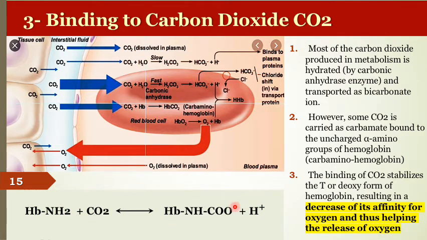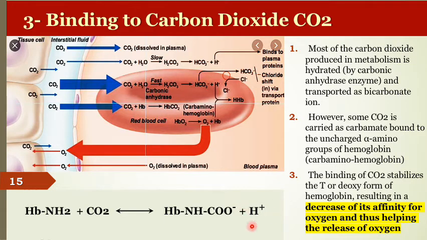This hydrogen ion will bind to the dimers and stabilize the taut form or the tight form of hemoglobin. This is why binding of carbon dioxide to hemoglobin will decrease its affinity for oxygen due to the formation of hydrogen bonds.